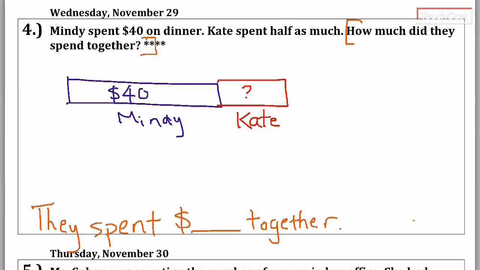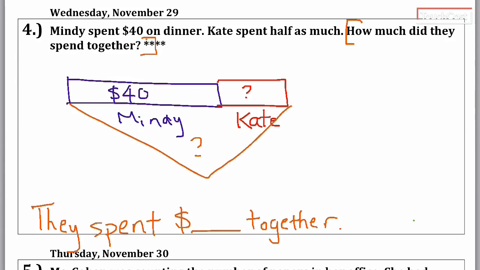And then, of course, the big question is, how much did they spend all together? So this one we have 2 unknowns, and that's why this is called a multi-step problem, because we have to do 2 different things to figure out the total answer. Alright, so let's start with the Kate, right, because we can't figure out the total without Kate.